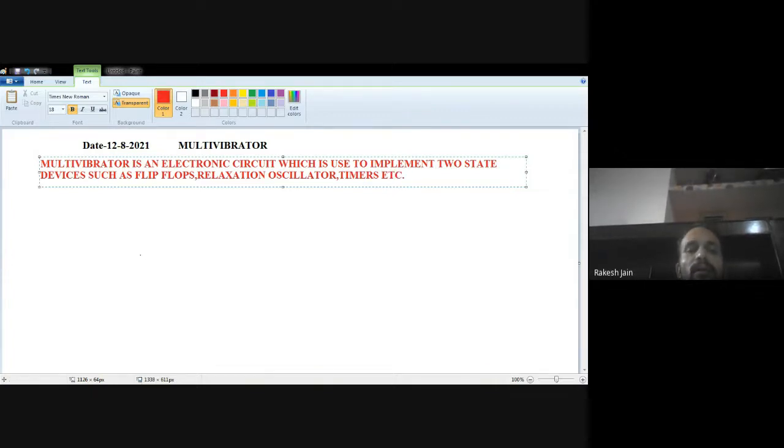Basically, these multivibrators consist of two amplifying devices which are cross-coupled by resistor or capacitor.